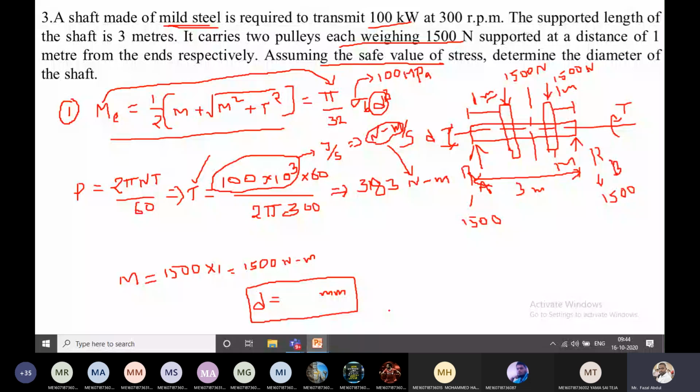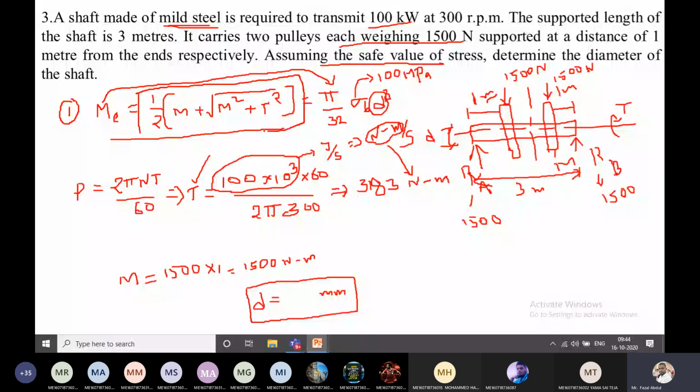First calculate this part separately: 1 by 2 of M plus square root of M square plus T square. You will get the answer in Newton meter.